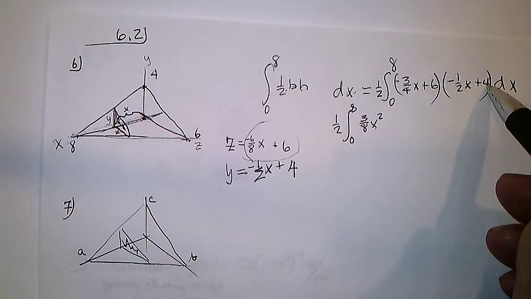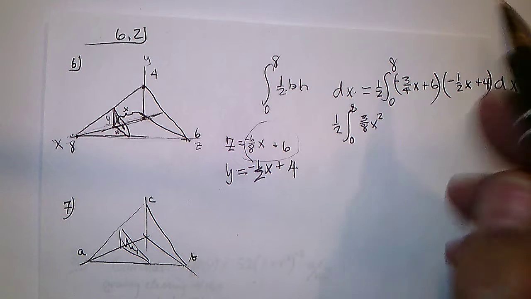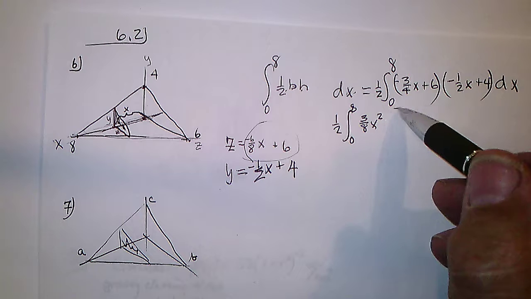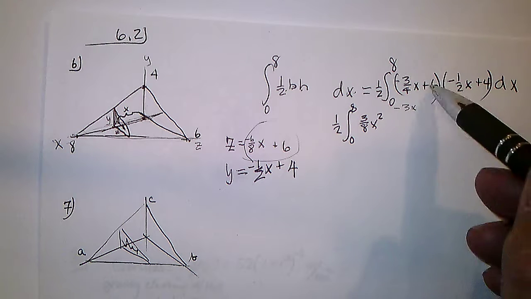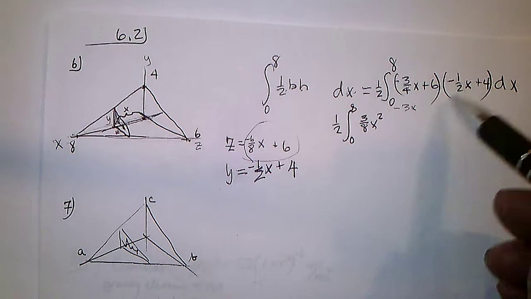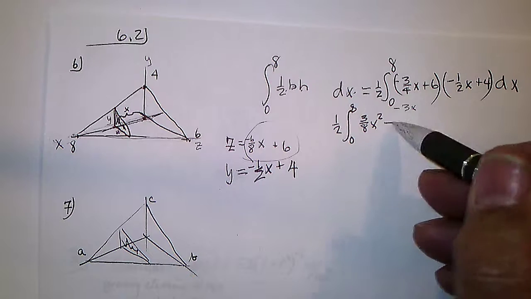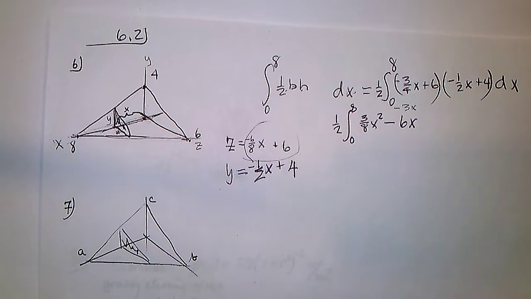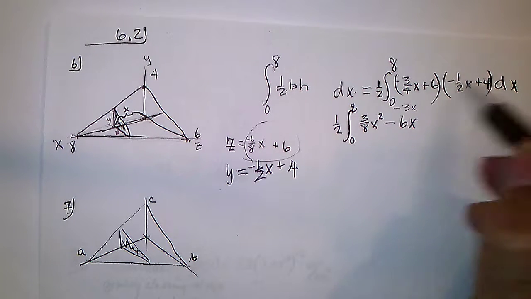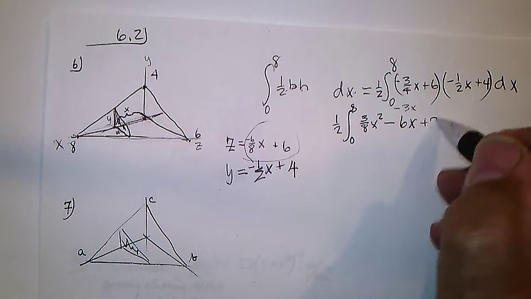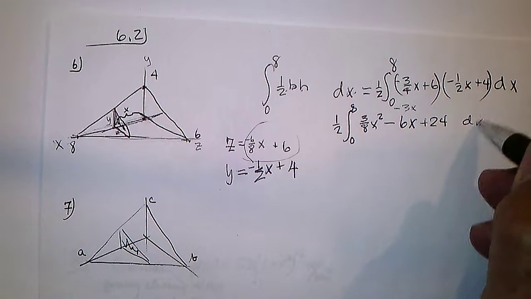Minus 3/4 x times 4 is minus 3x. And 6 times minus 1/2 x is minus 3x. That's minus 6x. And then plus 24 dx.